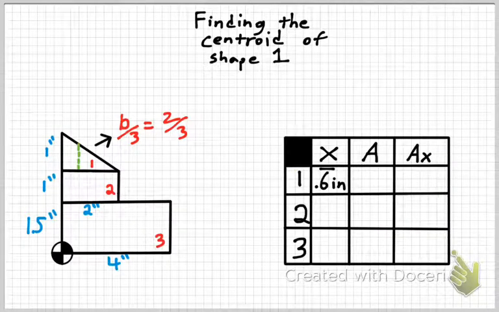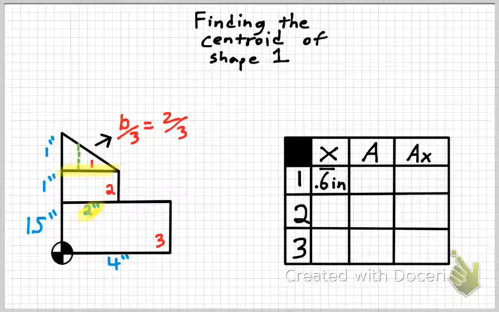So I'm a step ahead here right now, but we're finding the centroid for shape 1 right now, just in the x direction. If you remember from before, it's going to be 1/3 of the base to find the centroid of a triangle. So I have here 1/3 of the base is equal to 2 over 3, because remember that the base of this here is 2 inches as shown here.